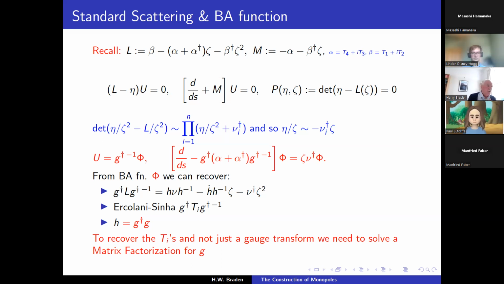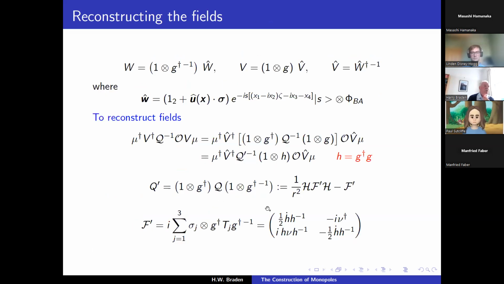So we haven't got the t's, so we haven't really got delta. To solve for the t's, we would need to solve that matrix factorization. But what I show is that actually we don't need to do that to reconstruct the fields.